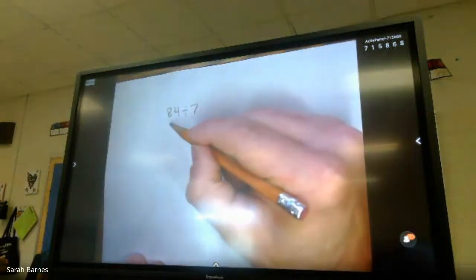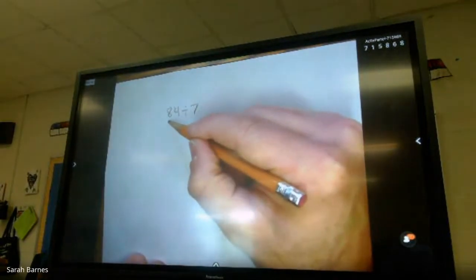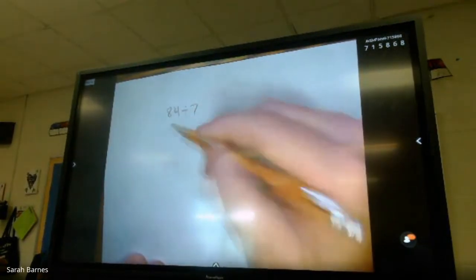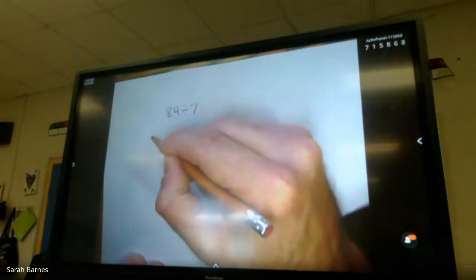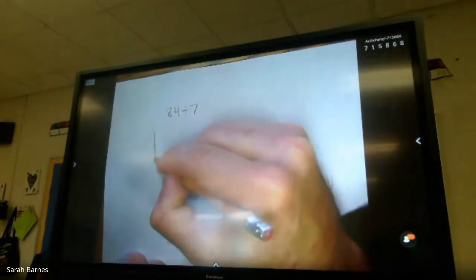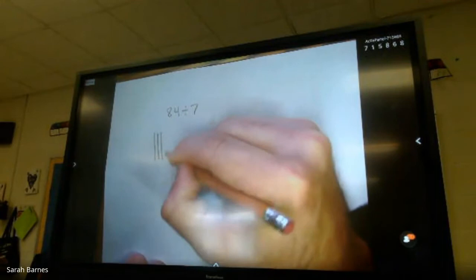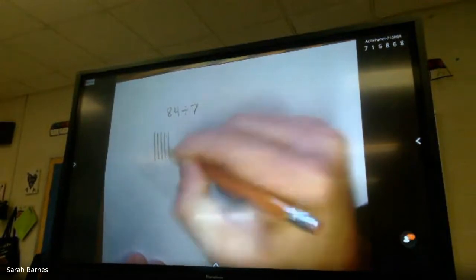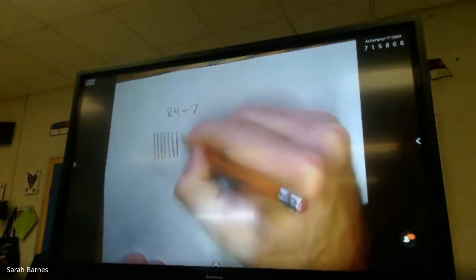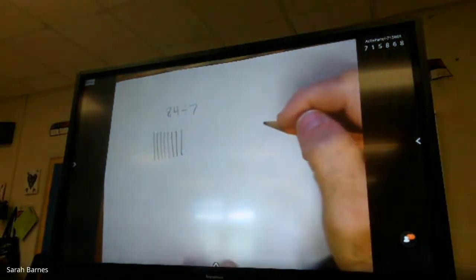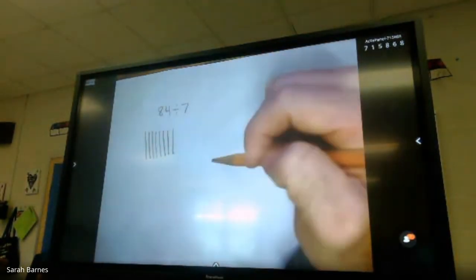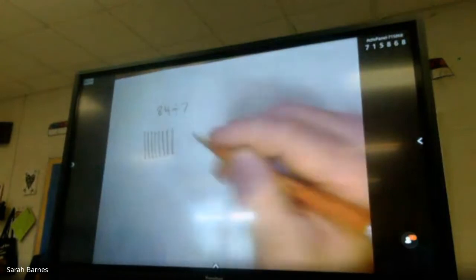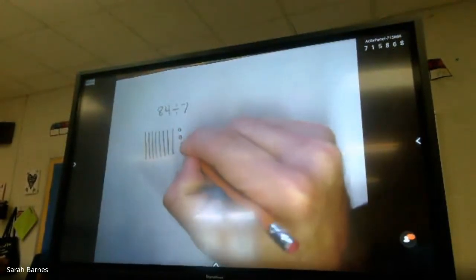First, the number 84 has 8 tens and 4 ones. So I will draw 8 tens and I'll count this way: 10, 20, 30, 40, 50, 60, 70, 80. And the number is 84 in my dividend, so I have 4 ones. 1, 2, 3, 4. So this model of base 10 blocks represents the number 84.